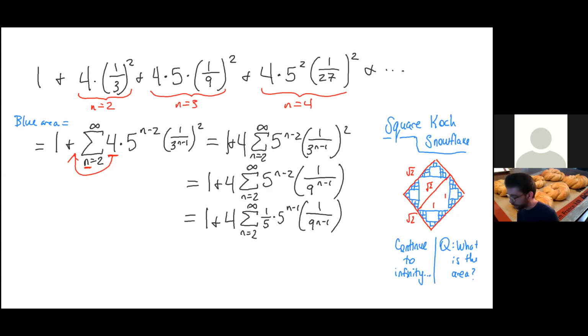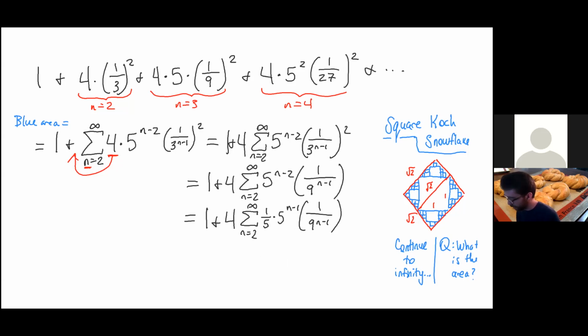It may take a little bit of convincing to get you to agree that that's allowed, so again, we'll do a sidebar. 1/5 times 5 to the n minus 1 is the same as 5 to the minus 1 times 5 to the n minus 1. 1/5 is the same as 5 to the minus 1. And then if I add those exponents, I get 5 to the n minus 2. So this whole thing is the same as that whole thing. Again, I'll erase my sidebar.